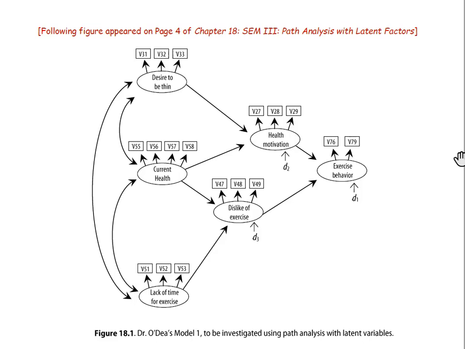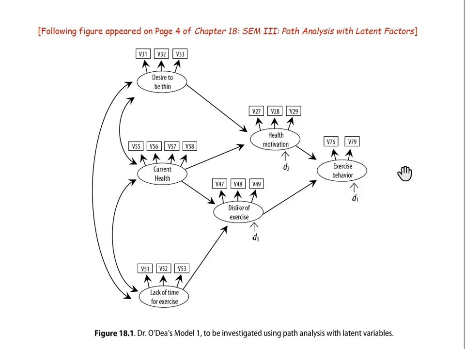This is also in the handout that I gave to students in my class. At the top it says, following figures on page 4 of Chapter 18, SEM III, Path Analysis with Latent Factors. She'll get rid of some of the curved double-headed arrows, replace them with the straight single-headed causal arrows, and then she'll be able to perform path analysis with latent factors to see if there's good support for the hypothesized causal relationships proposed here.